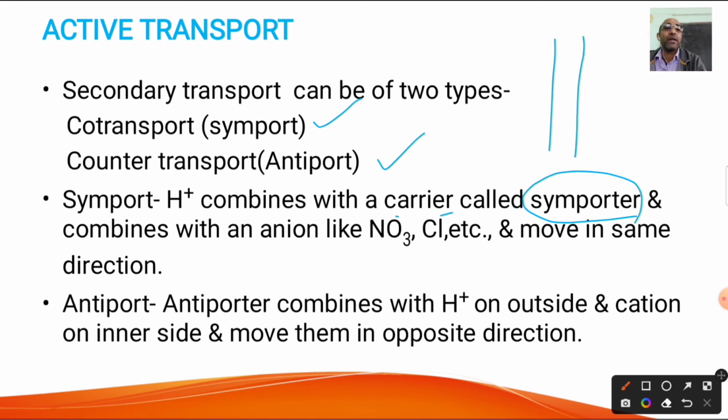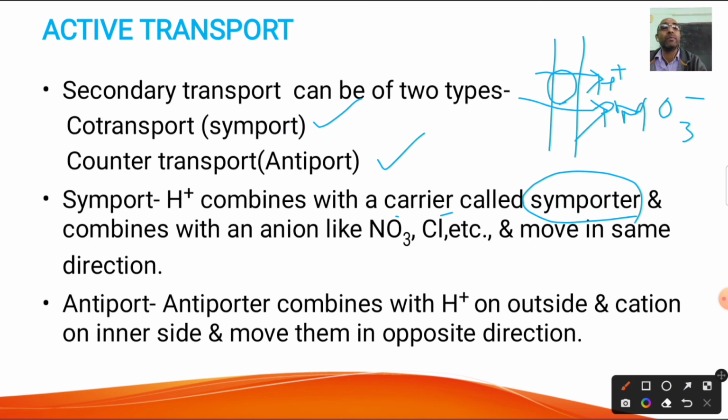So, if it is a plasma membrane, there is presence of a symporter. Now, this H plus combines with the symporter, and it also combines with NO3 minus. So, both of them move in the same direction. Got it? They are moving in the same direction, either into the cell or out of the cell.